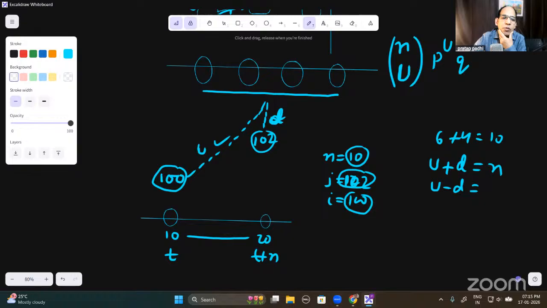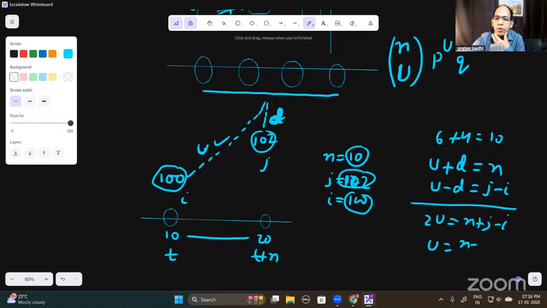Suppose I win u times, I lose d times. My gain is j minus i. The gain is number of ups minus number of downs, because the number of ups is u and the number of downs is d. So you can add these two: 2u is equal to n plus j minus i, and u is equal to n plus j minus i by 2. Whatever u, d you get.